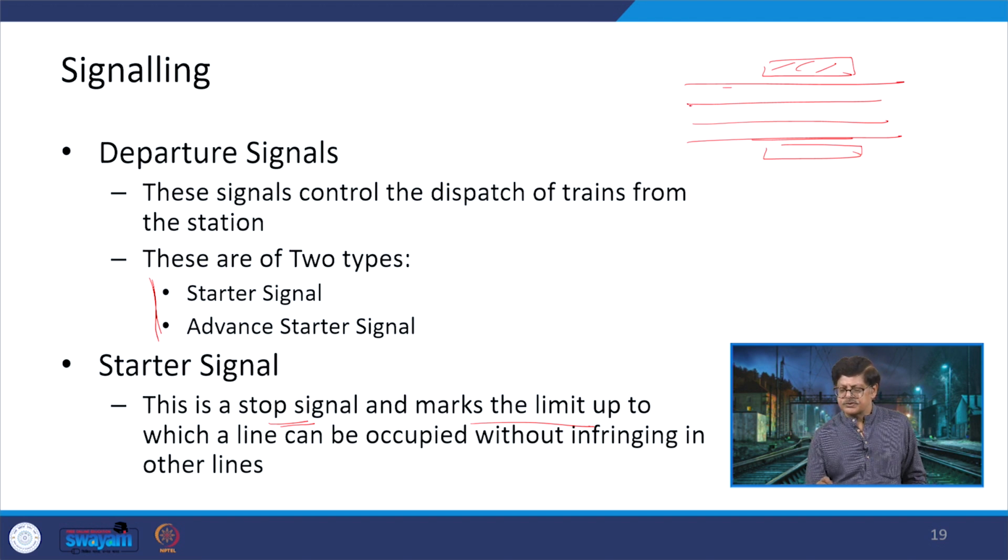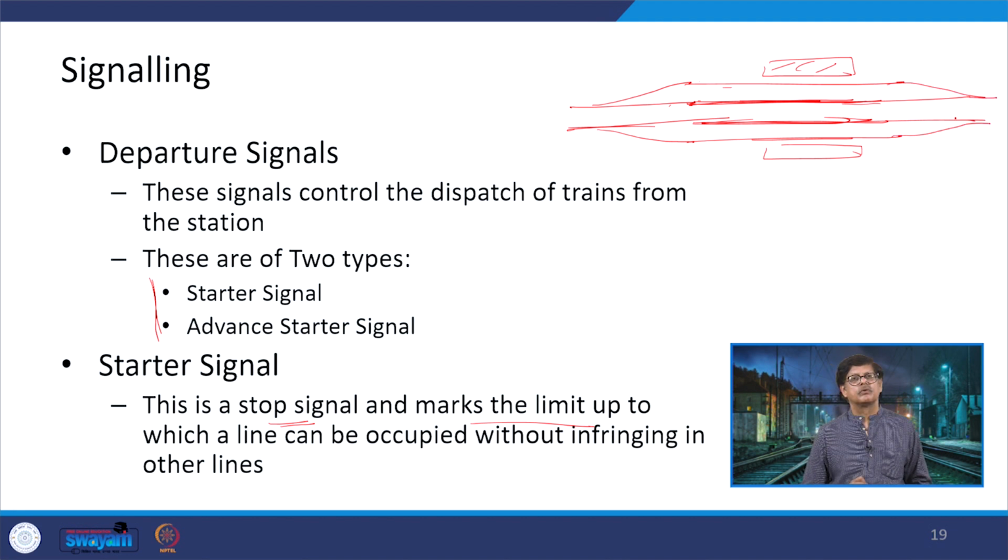Now, these 2 tracks which are provided here can be the 2 main tracks which are going continuously, but it may happen that these 2 lines get connected in this form. So, if there is a train standing here and there is another approaching train which has nothing to do with this station, it is not going to stop there. It will keep moving continuously on this line. That is the reason why this type of arrangement can be there.